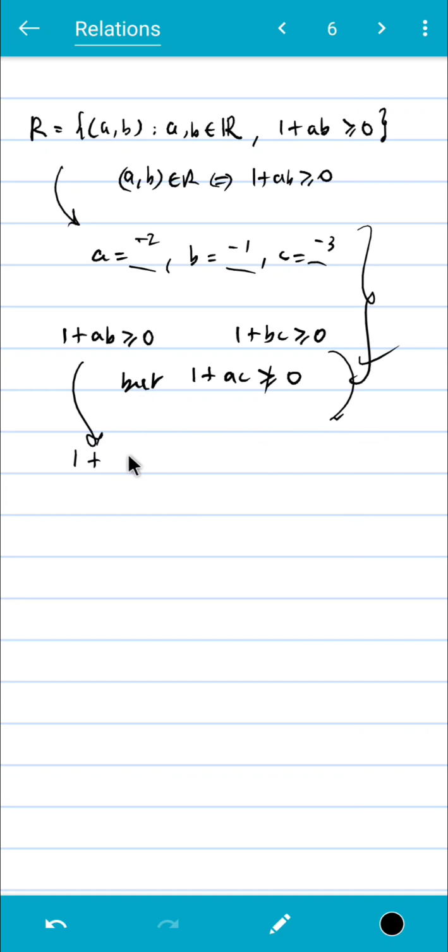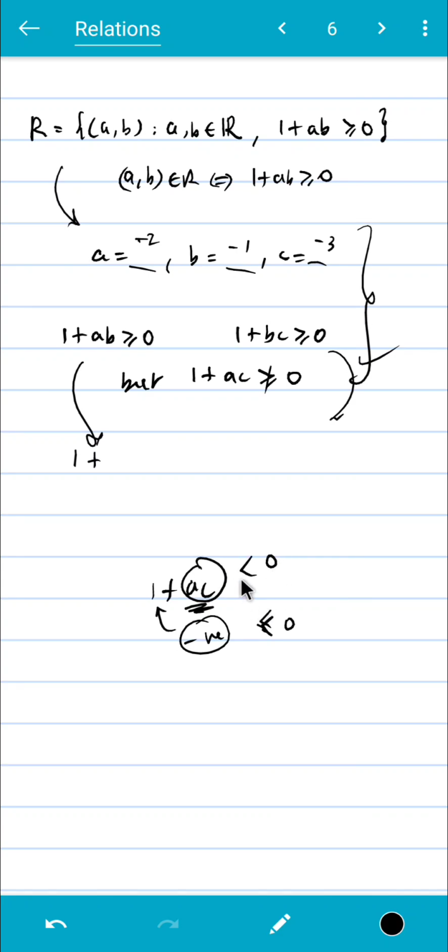I want somehow to get 1 plus ac to be negative, so that when it adds with 1, it will become less than 0. So I have to make sure that ac will be negative.